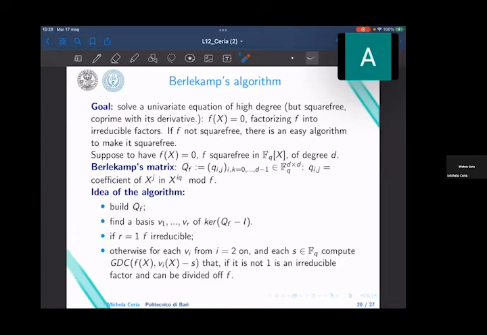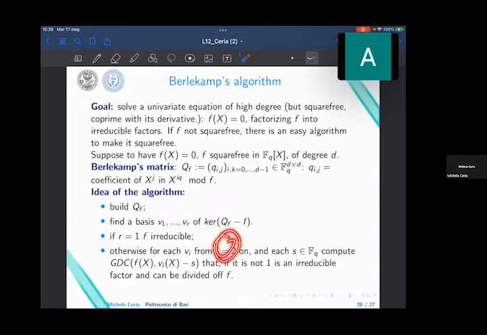In order to perform this algorithm, you have to compute the Berlekamp matrix, in which you have these Qij, the entries of the matrix, that are the coefficient of the monomial x to the power j in x to the iq modulo f. What is the idea of the algorithm? You have to build your matrix and find the basis of the kernel of Qf minus I. If in the basis there is only one element, f is irreducible.